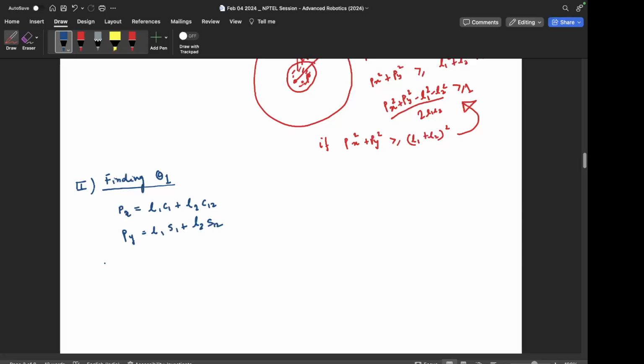Now there are multiple steps involved here.